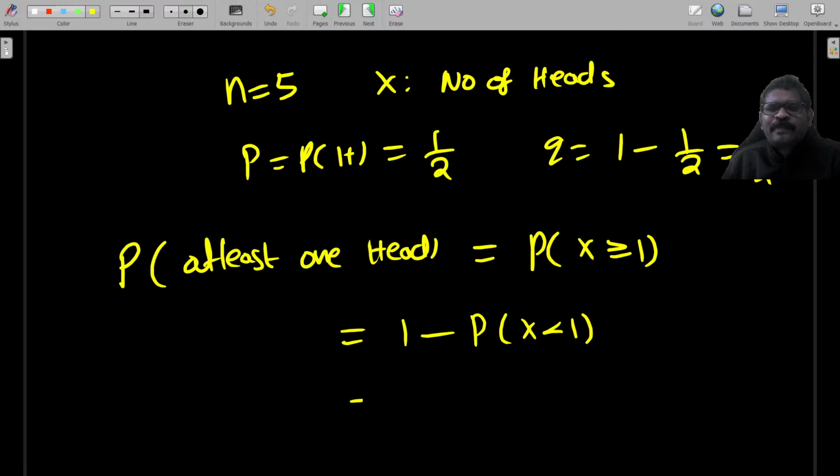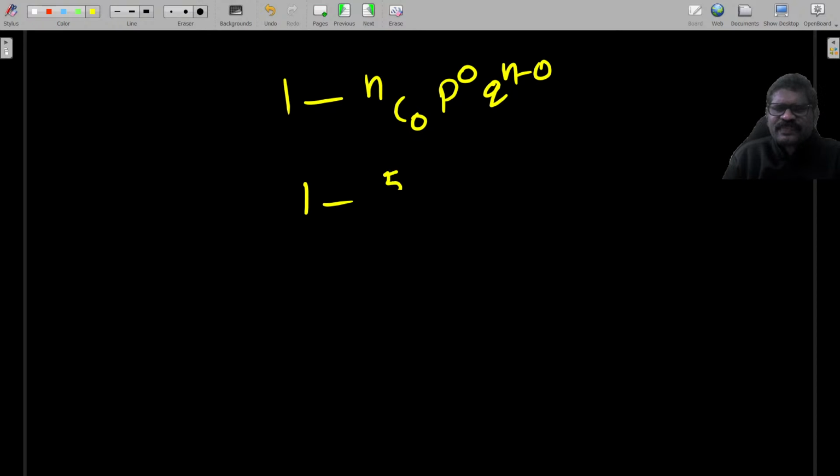1 minus the probability of x less than 1. It is discrete, that's why it is 1 minus the probability of x equal to 0, which is nc0 p^0 q^(n-0).